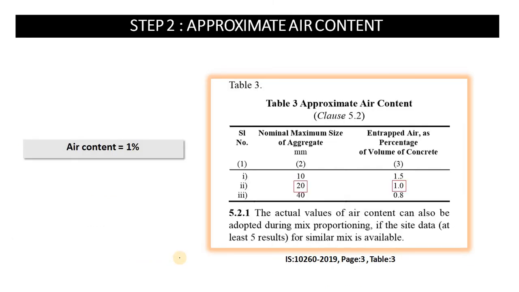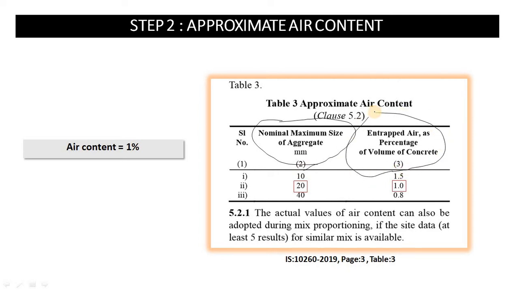So step number 2 is approximate air content. For air content you have to move on to IS 10262, page number 3, table number 3. There you will have the column of the nominal maximum size of aggregate and the entrapped air percentage.